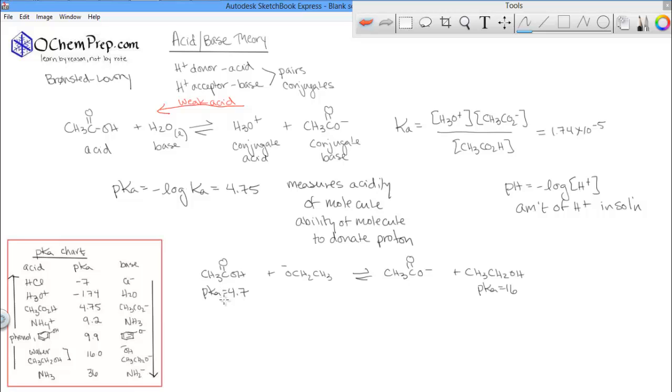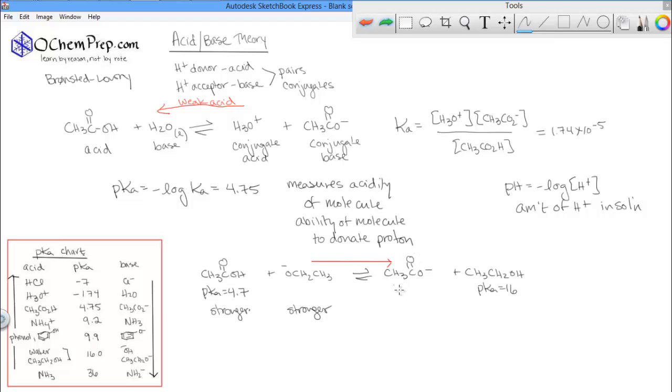And so now we look, this is a stronger acid than ethanol. So acetic acid is a stronger acid, which means ethoxide is a stronger base. Well, stronger things do what they're supposed to do. They react. So this reaction will favor this direction. Another ugly arrow.